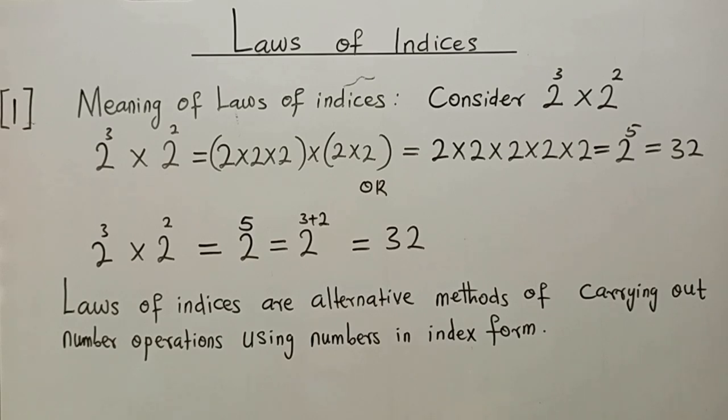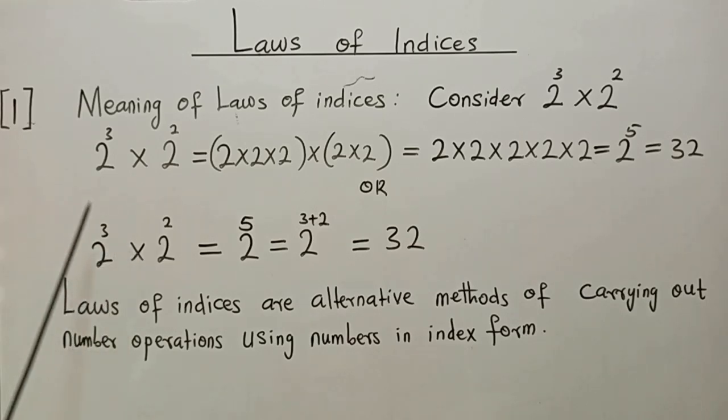Anyway, experience shows that it is not all basic number operations with indices that possess laws. It is only multiplication and division and their derivatives that have come to possess laws concerning how to carry out the number operations. So this is multiplication.